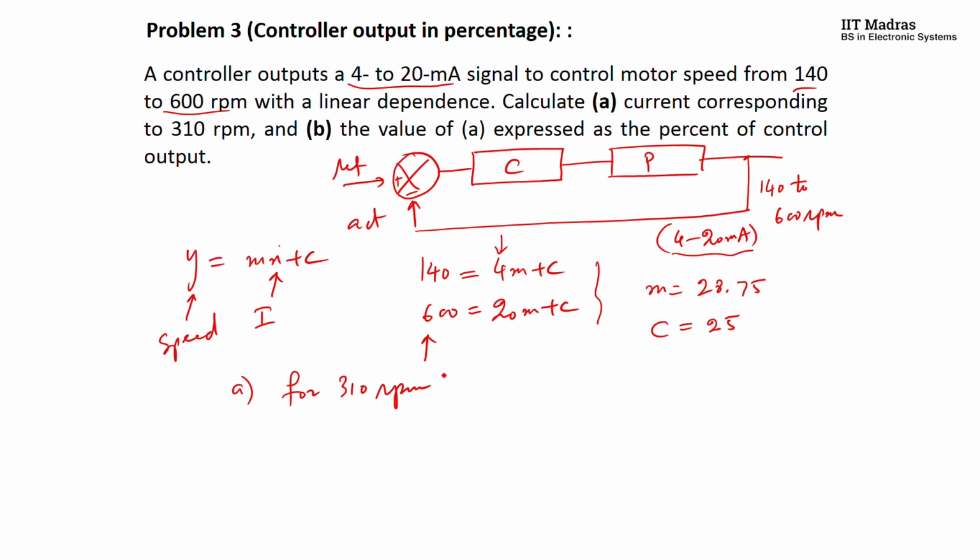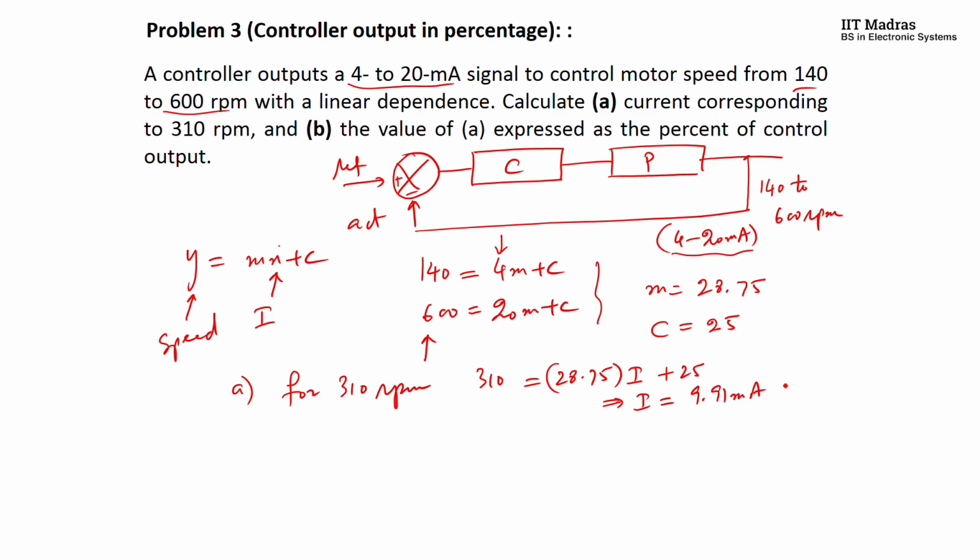You write 310 is equal to 28.75 into I plus 25. So you can find I here, which will be equal to around 9.91 milliamps.